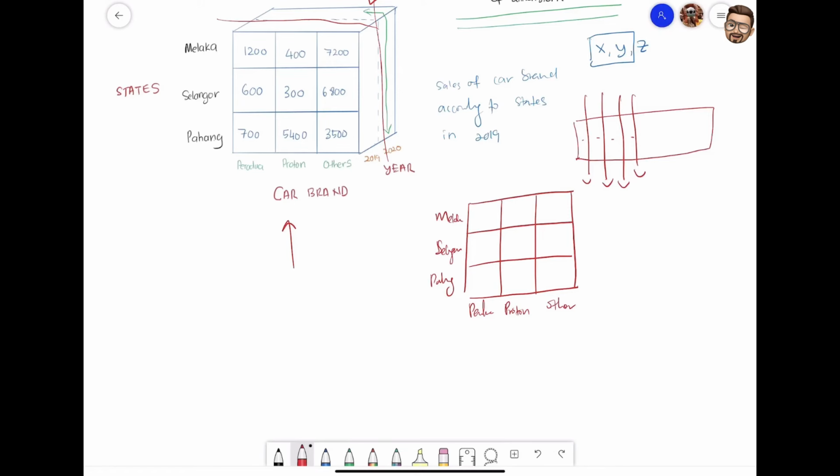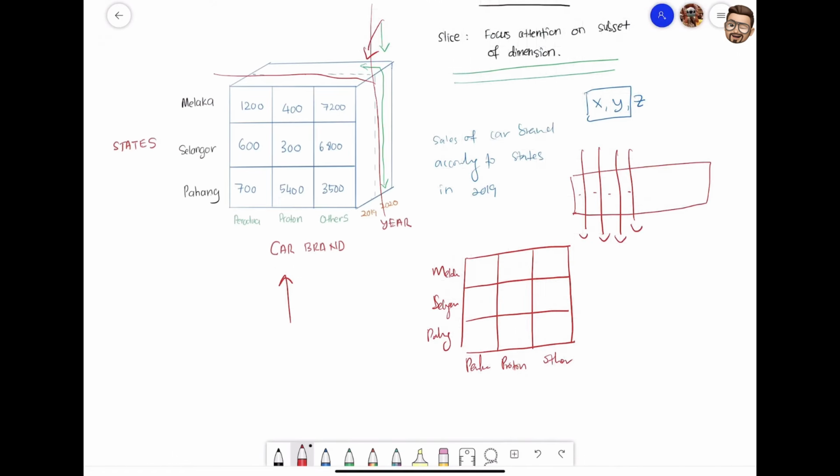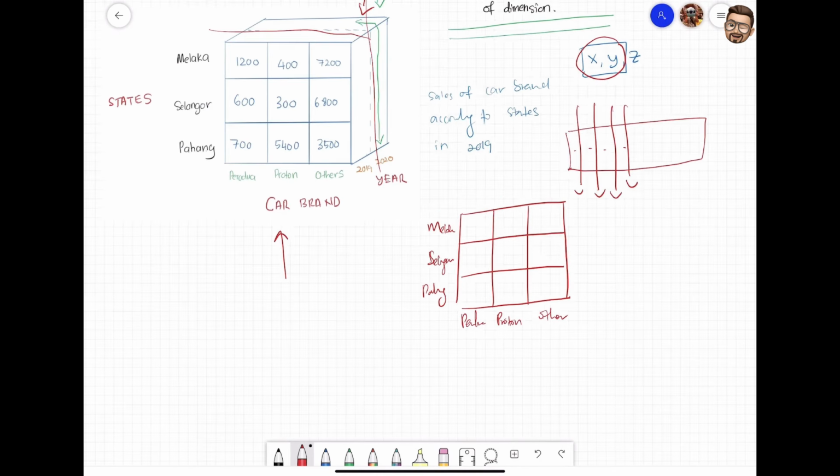So when we do the slice, focusing attention on a subset, we take the subset of X and Y only, then put the data back: 400, 7,200, 600, 300, 6,800, 700, 4,000, and 3,500. So this is the slice operation. You have only the X and Y.